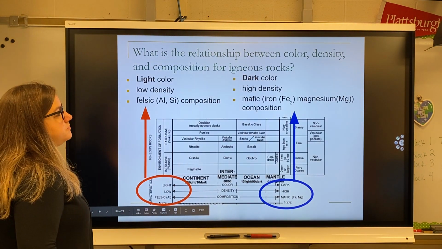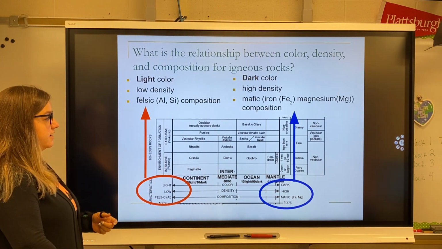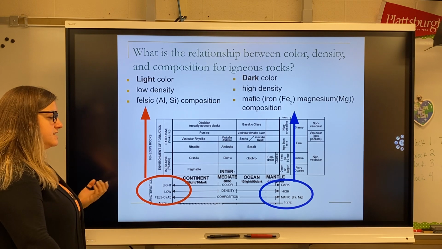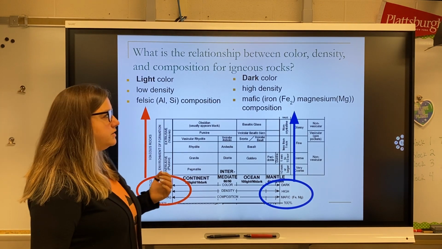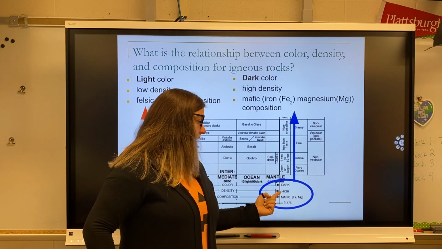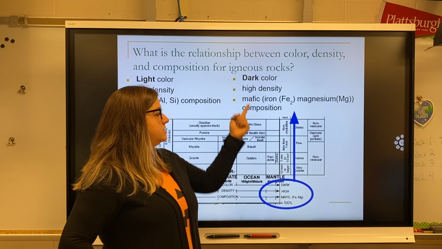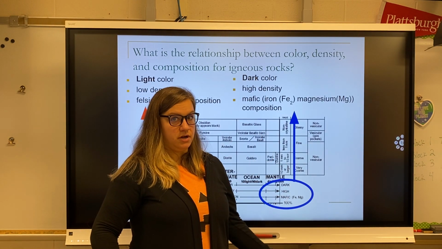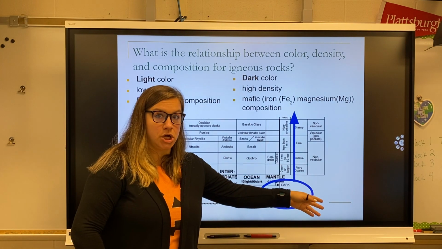So what's the relationship between color and density? So if it's light, low density, and felsic, it's going to be on the left side of this chart. Okay, so if anything is going to be dark in color, high in density, and mafic in composition, it's going to be on the right side of the chart. This stuff over here is light. This stuff over here is dark.